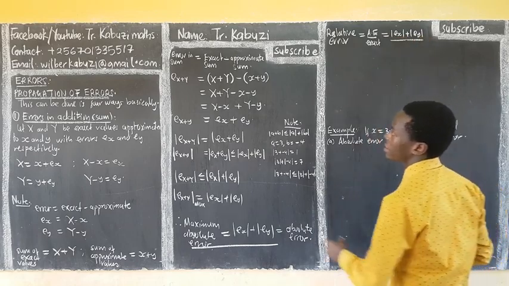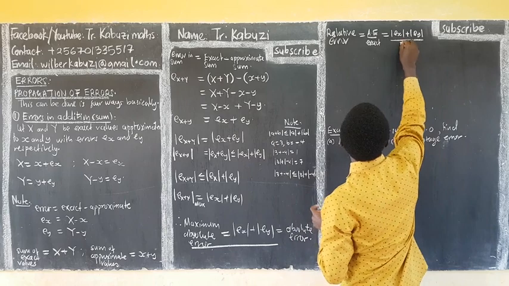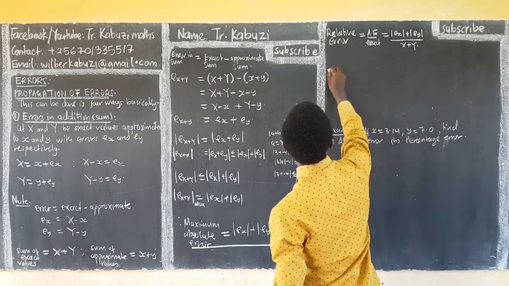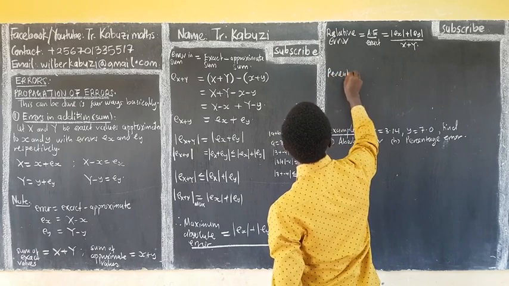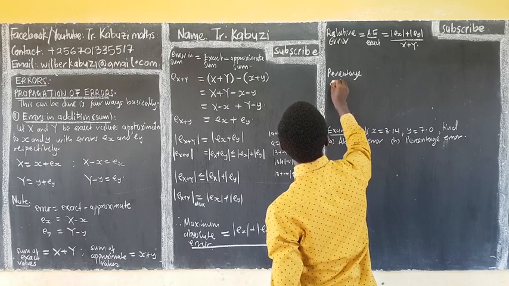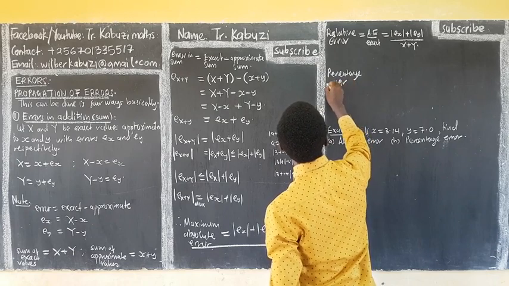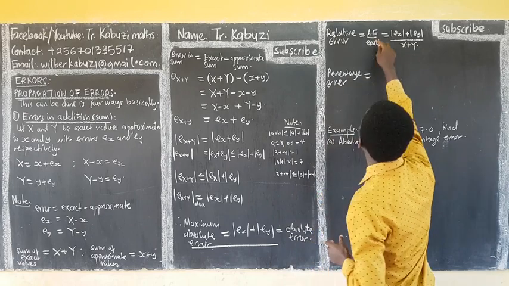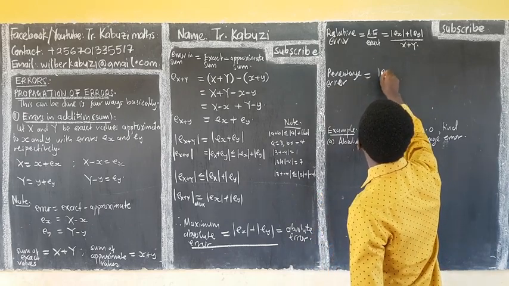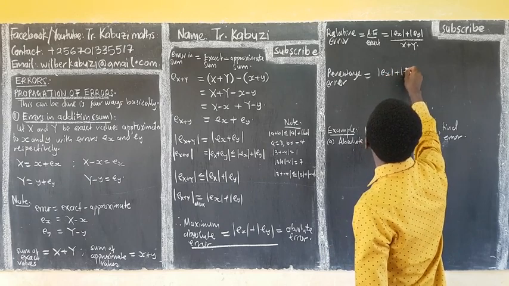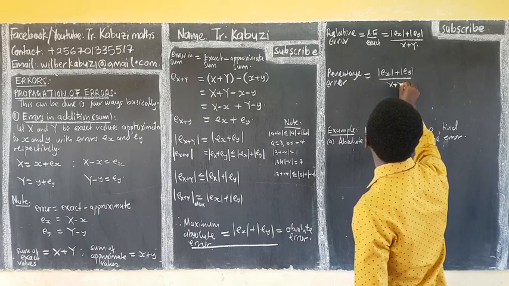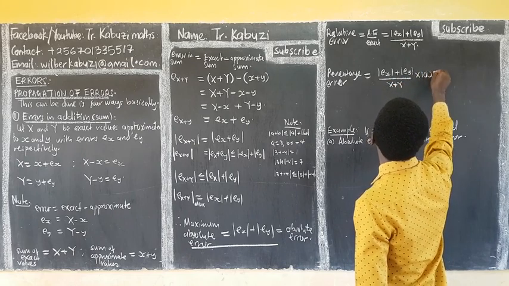What was our exact? Our exact was the sum x plus y. So when I want the percentage error, we take the relative error times 100. This would be e of x plus e of y, the whole over x plus y, times 100.